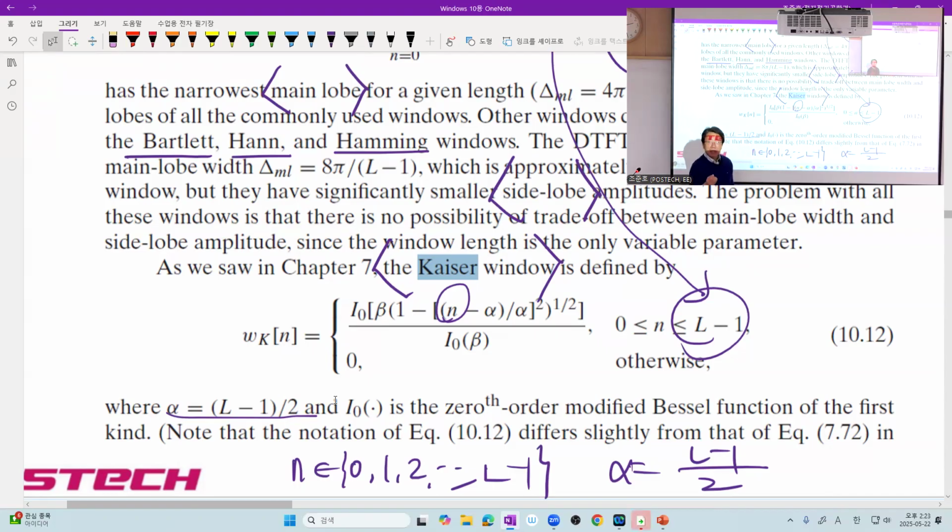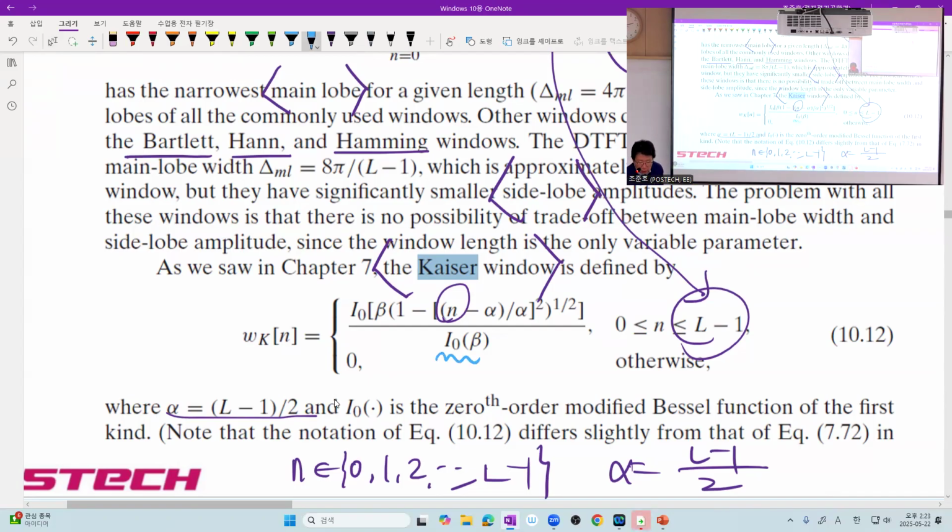And the center is really the center of 2 points, 0 and L minus 1. So intentionally, the authors of the textbook have chosen alpha defined as half of 0 plus L minus 1, so that if you plot this discrete time signal, it always looks like a symmetrical function. Got it? So it ranges from 0 to L minus 1.